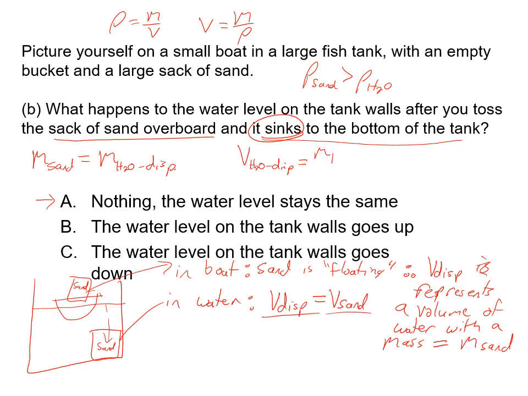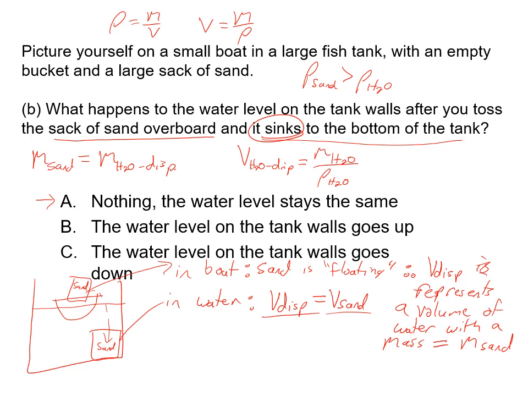Okay. And because the mass of the water is less than the mass of the sand, let me make sure that I get this right. Okay, so the volume of the water that's being displaced is equal to the mass of the water divided by the density of the water.